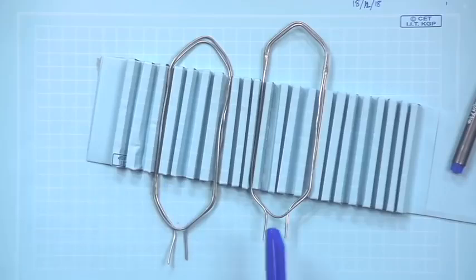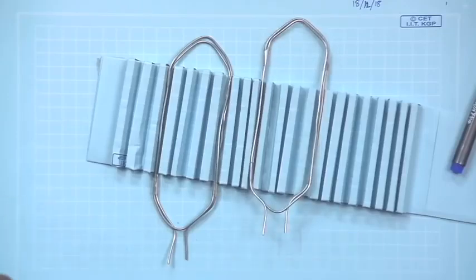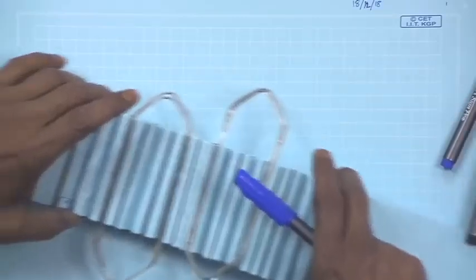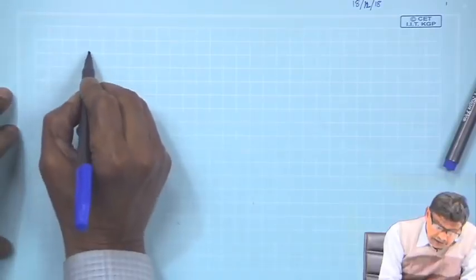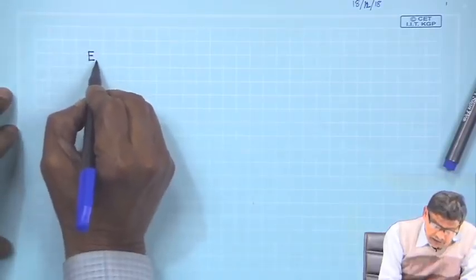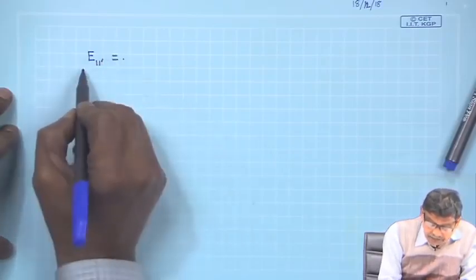This is the second coil, it should also be named 2 and 2 dashed, and things like that. So, in our last class we found the expression of the induced voltage in a single coil as E11 dashed, RMS value.